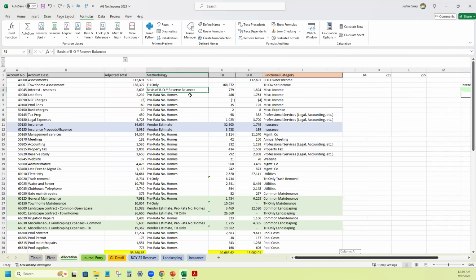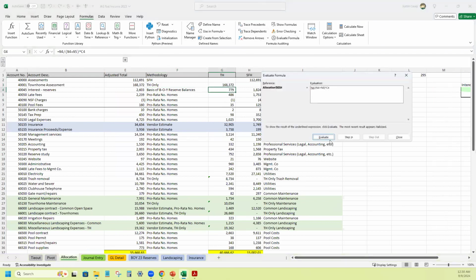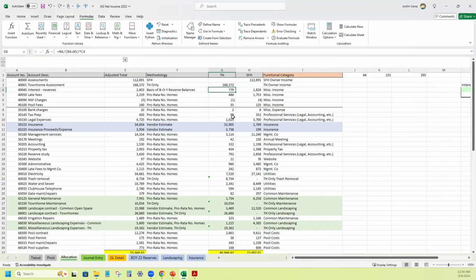Beginning of year. That's the right formula, just not the right row. Evaluate formula. Here we go. It's a proportion of about 30%. And then we multiply that times the interest received in cash, and that's how we get basically $700, $780 added to the townhome column.